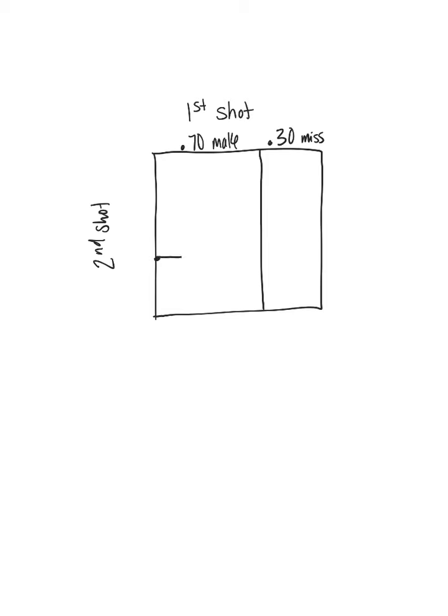So again, I'm going to draw my line here. He's got a 70% chance he makes it. But if he misses the first shot here, he doesn't even get a second shot. It doesn't exist. So my area model would stop there.